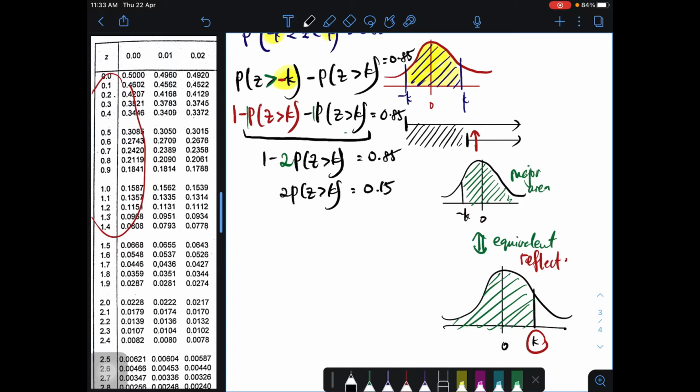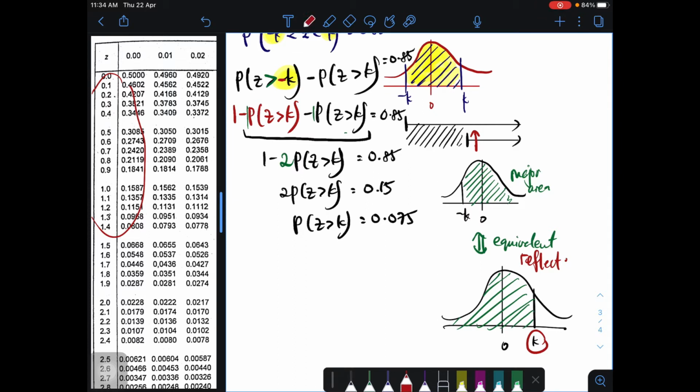Okay, you simplify, you're gonna get 0.15 over there. And then P Z more than K is equals to 0.075.